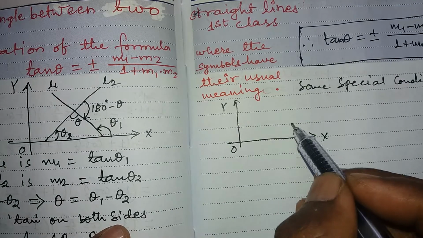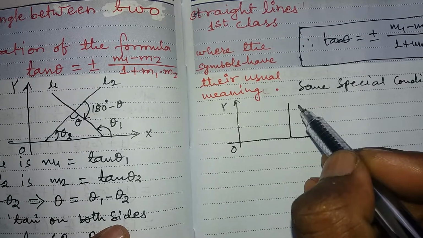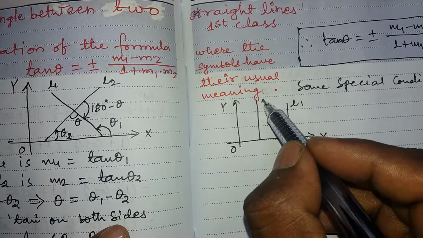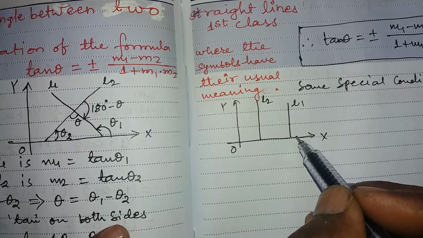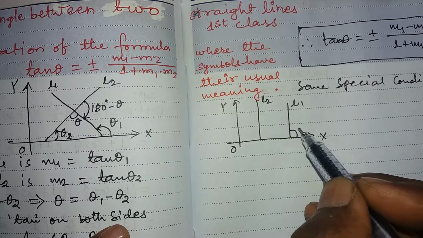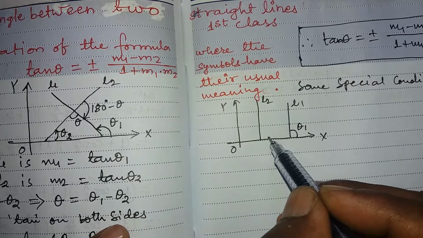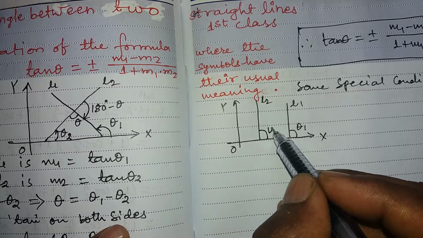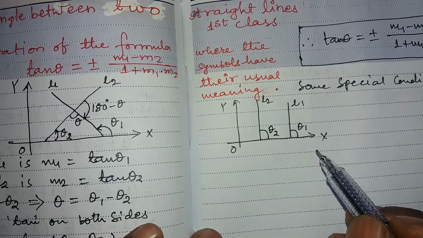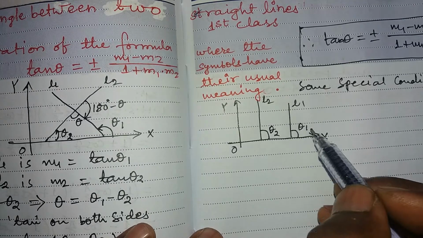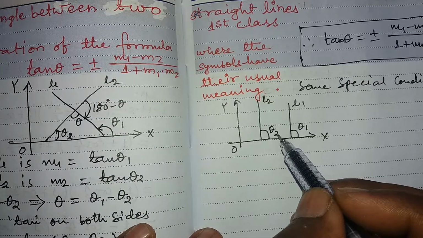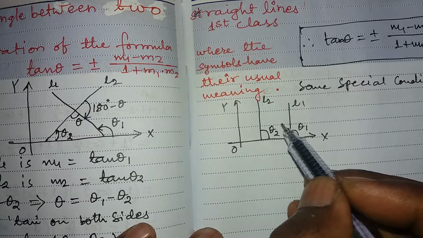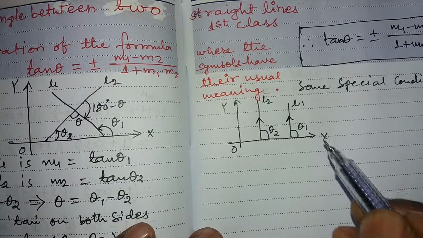See, line L1 is here and another line L2 is here, both making angles, theta 1 here and theta 2 here. If theta 1 equals theta 2, then what will happen? The lines should be parallel.